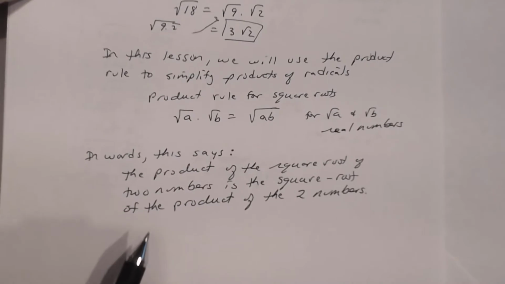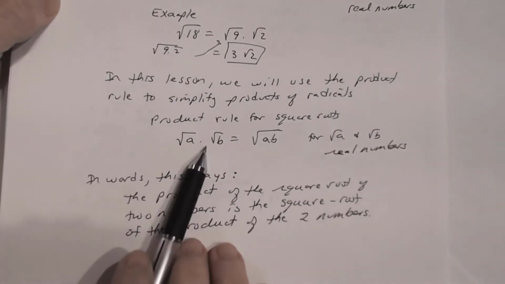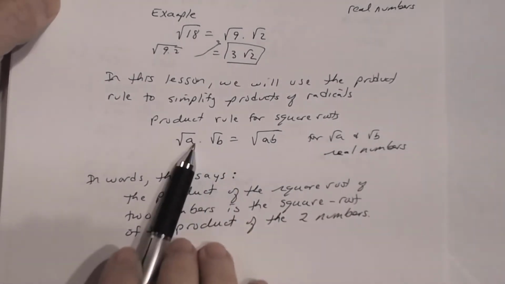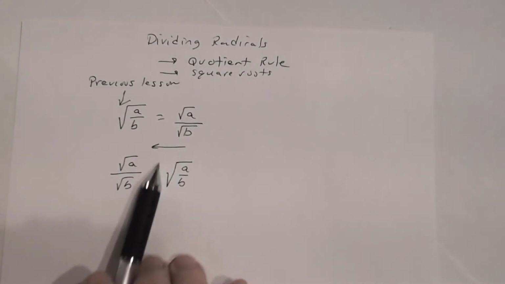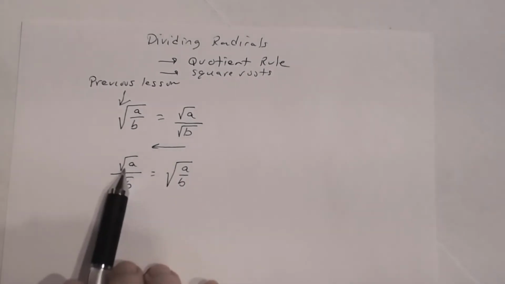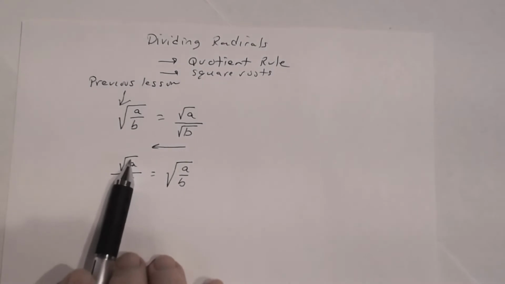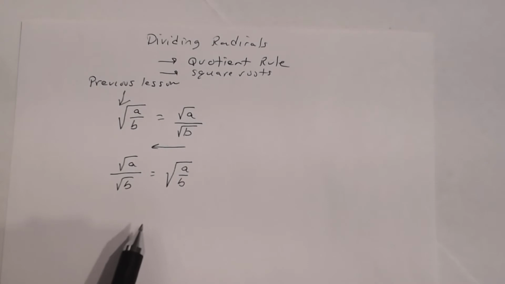Then in the previous lesson, we went the other way as well: the square root of a times the square root of b, I can write as one square root by multiplying the radicands. The same thing here. If I have the square root of a divided by the square root of b, I can write it as one square root, with the radicand of the numerator divided by the radicand of the denominator. It's not a difficult process. It's a very simple thing to do.